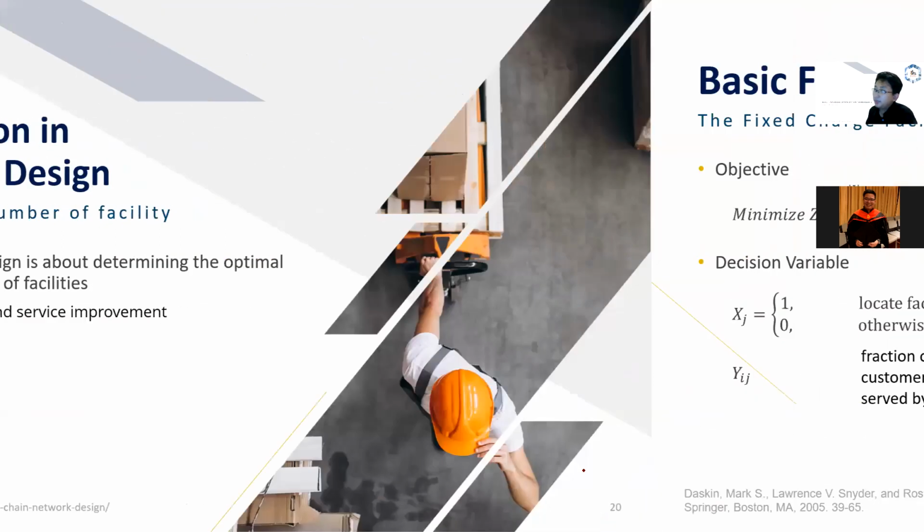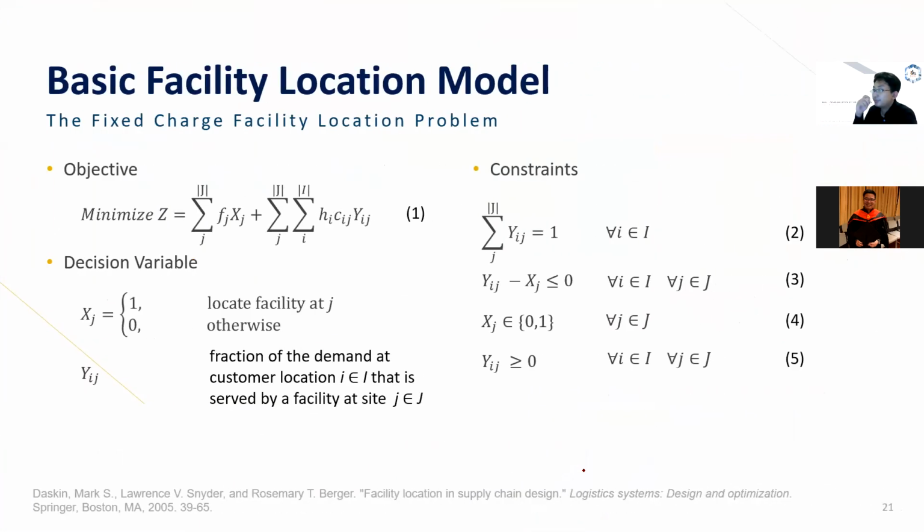The formulation will also be unique to the problem itself, where here the notation is more complex than the previous one, right? And the decision variables are also more than those considered in the previous examples.